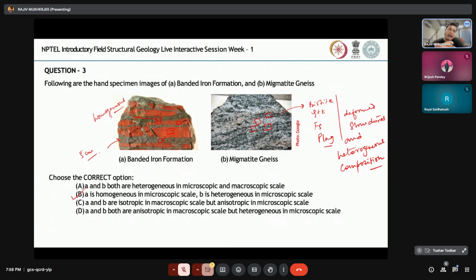So I have carried out several fieldworks in my academic tenure, and I have never seen such beautiful exposures other than the Shingbum shear zone, because of this preservation of deformation.